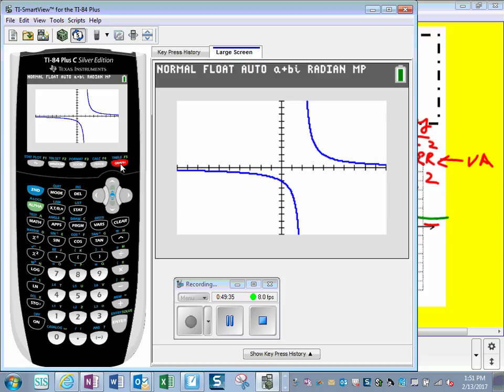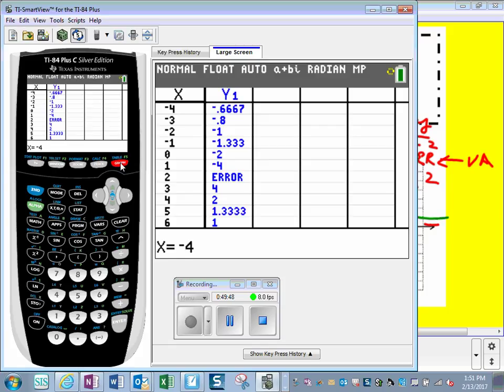But in general, the calculator gives you the shape of the graph, and then you can go to table, make sure that you see the vertical asymptote is somewhere around 2. So you go to second table, get your points around your vertical asymptote. See? If you get the error, that's for sure your asymptote, right? Because that's the restriction on your domain. That's exactly what you will not have.